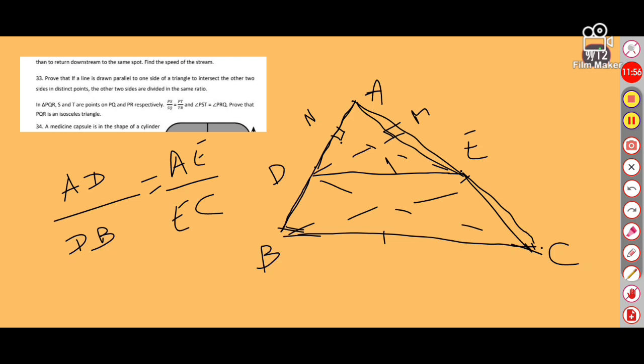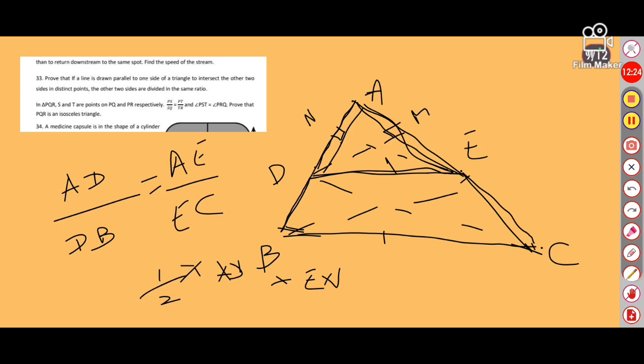The next thing, the top triangle ADE, its area can be easily calculated because the height is now known. That is half into AD, which will be its base, into the height EN.